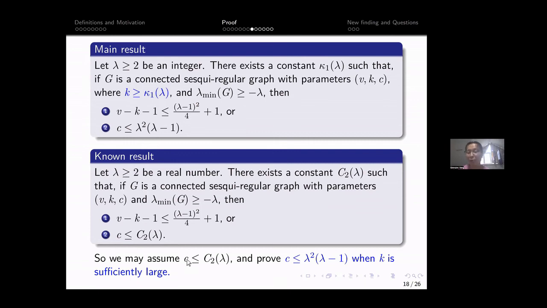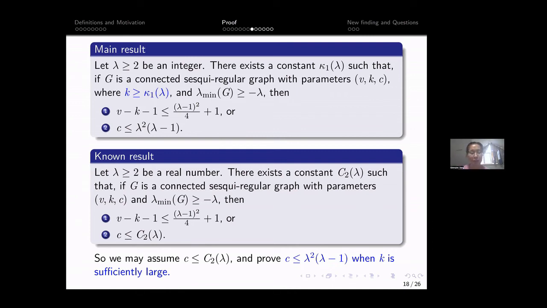When we start to prove, we can assume that C is at most C2 lambda. Otherwise, from the known result, we have the first directly. So we assume that C is bounded by C2 lambda and prove that C has a more precise bound if K is sufficiently large.